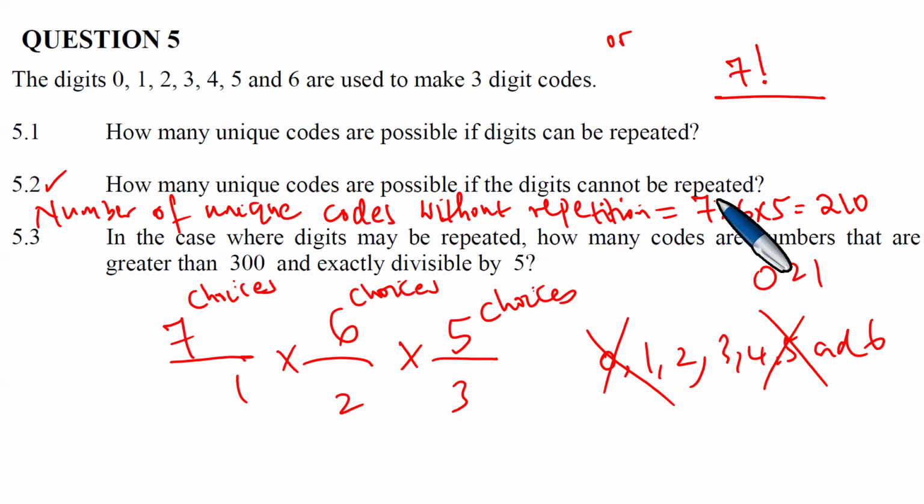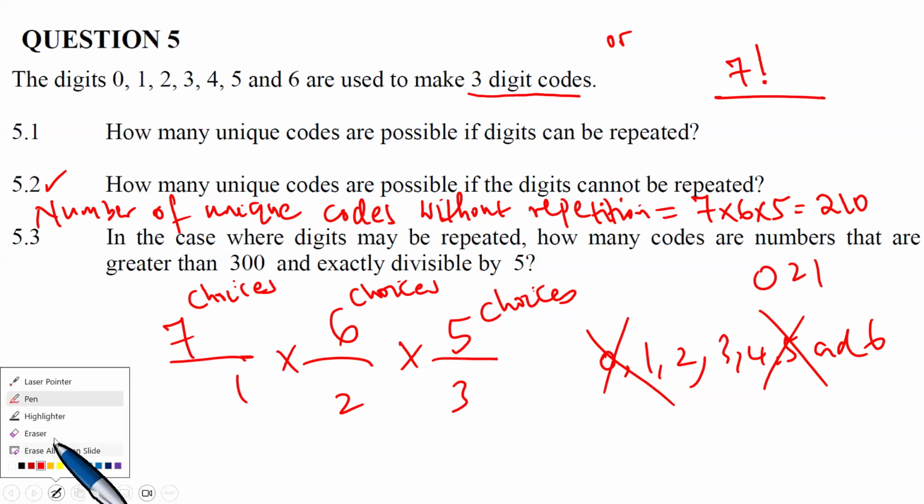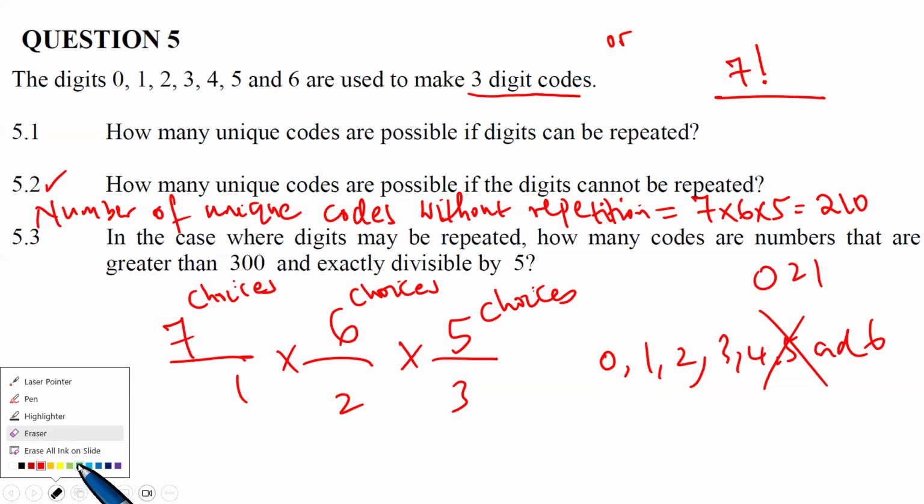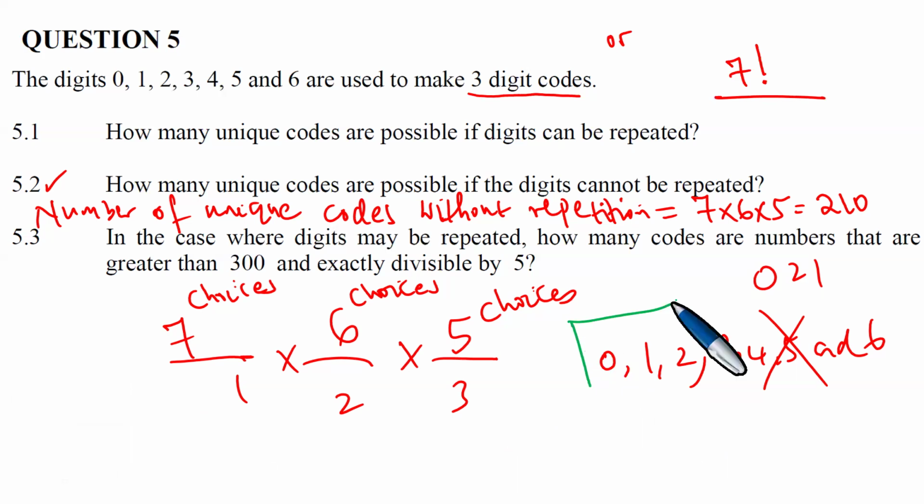Because the digits cannot be repeated, and you are dealing with 3-digit codes, from the 7 you extract 3 in any order.